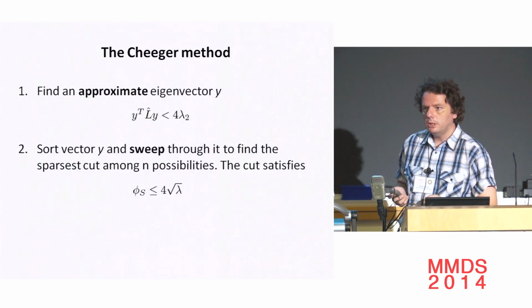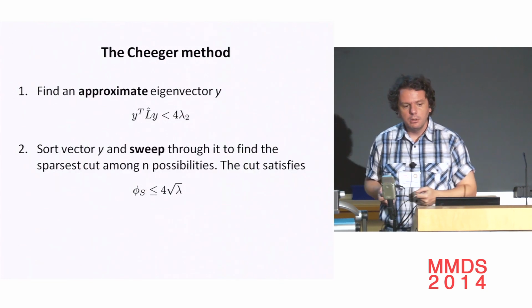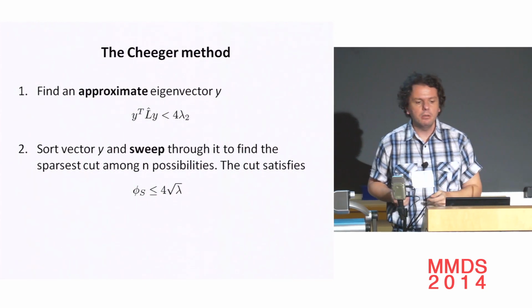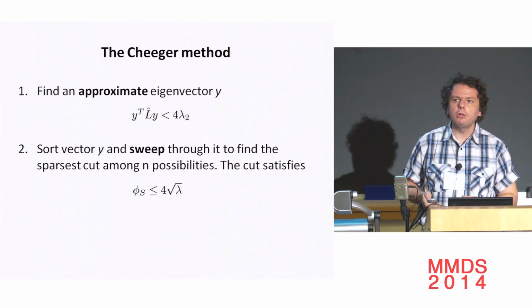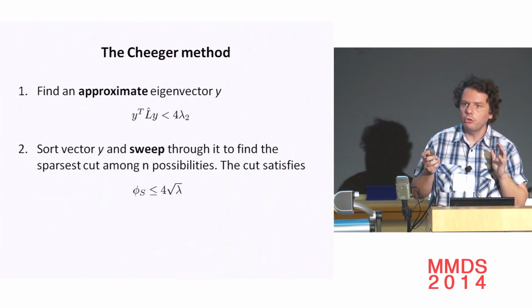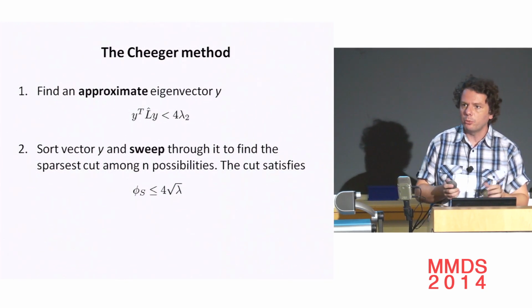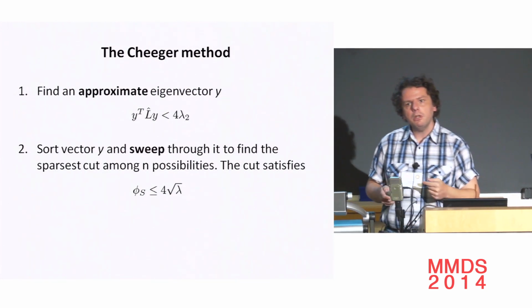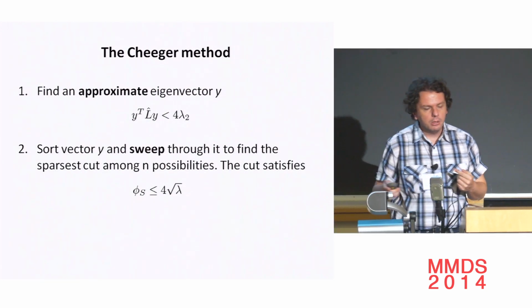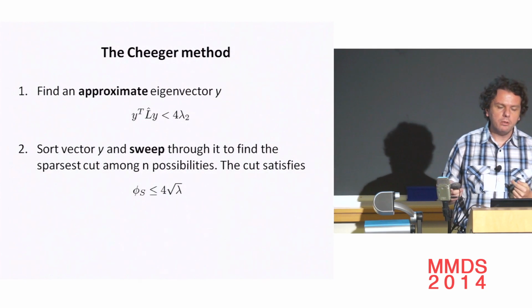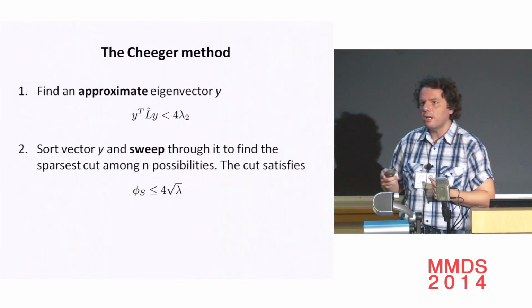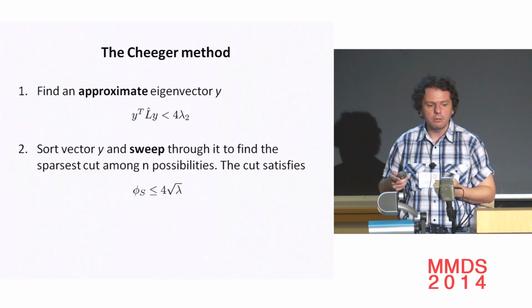Actually, there is a little more to it. Instead of just computing the eigenvalue, which is a value, you can find a so-called approximate eigenvector, which is not exactly the eigenvector, but something which approximates it. What you can do with the eigenvector then is sort it, sweep through the eigenvector and find the sparsest cut among the n possibilities that are suggested by that eigenvector.